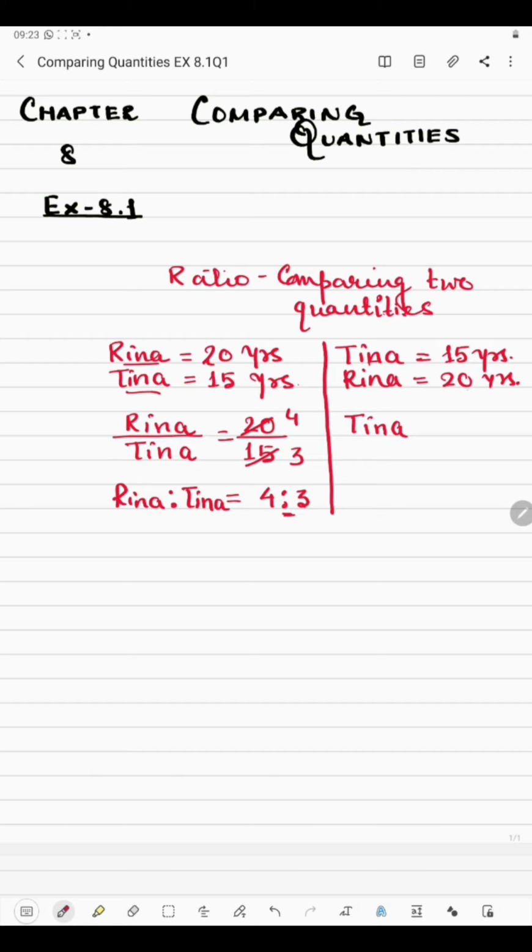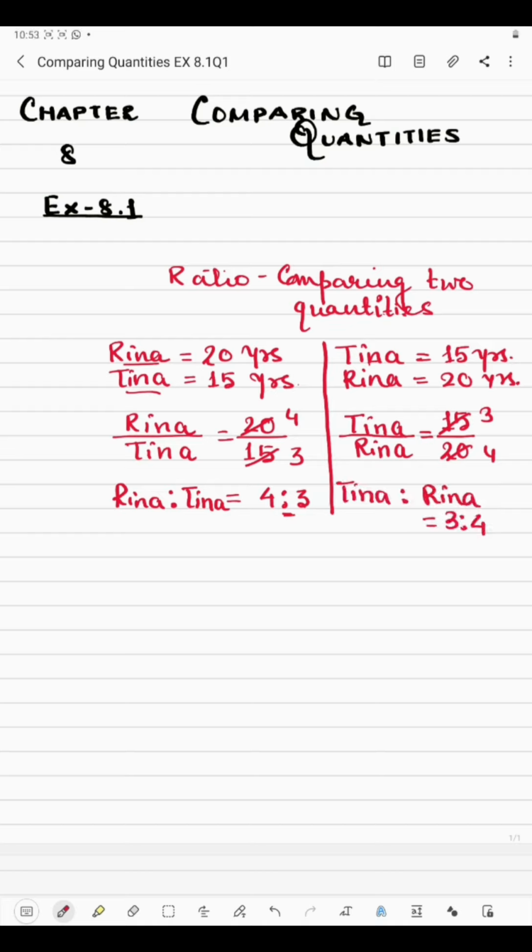Tina will be in the numerator and Reena will be in the denominator. Tina's age is 15, so 15 will be in the numerator and 20 in the denominator. So 5 3s are 15, 5 4s are 20. So the ratio of Tina's age to Reena's age will be 3:4.